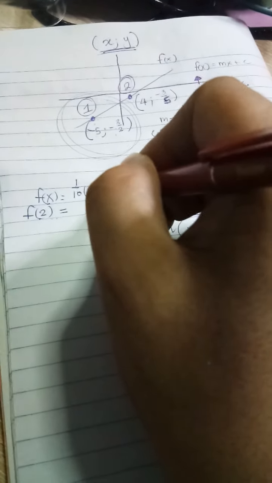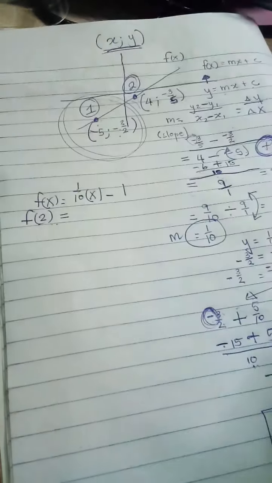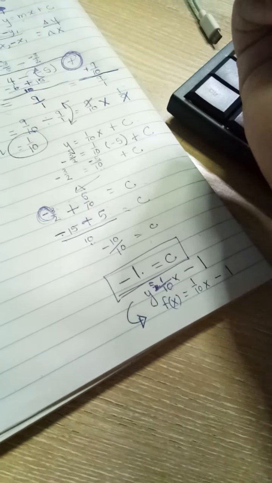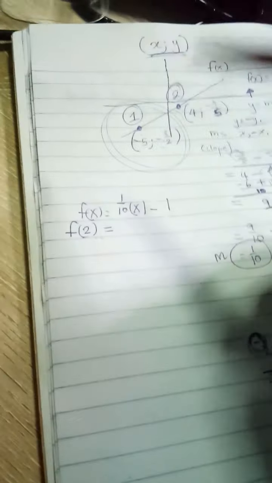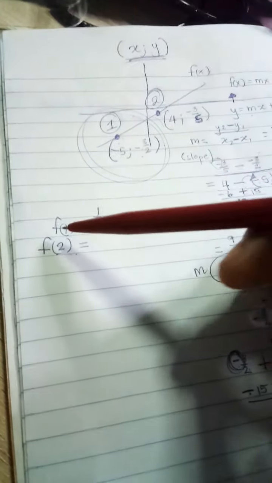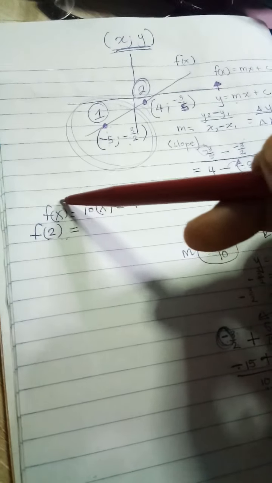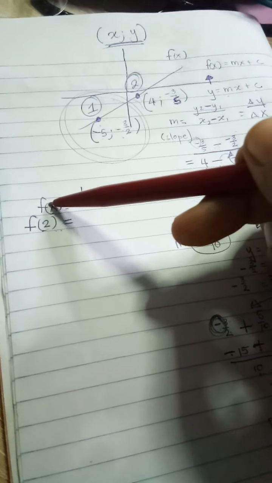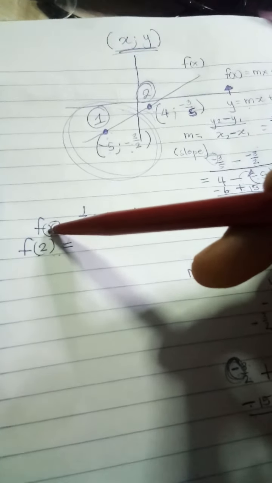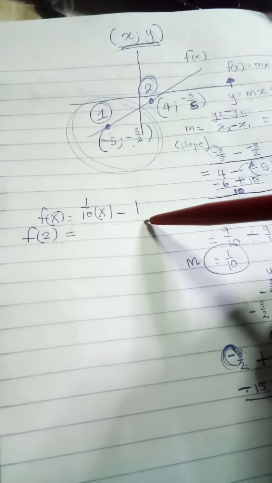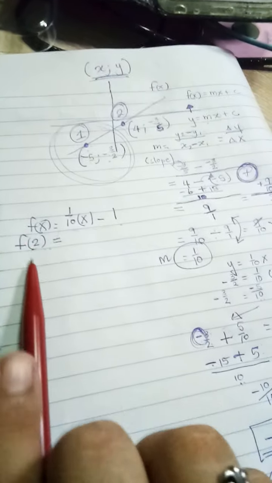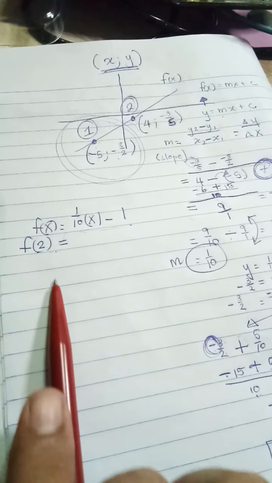Now, remember we said that this is the input number, actually just this part over here, and this will be the output. So I am putting into the equation the value of 2. Everywhere where I see an x, I'm going to put a 2.